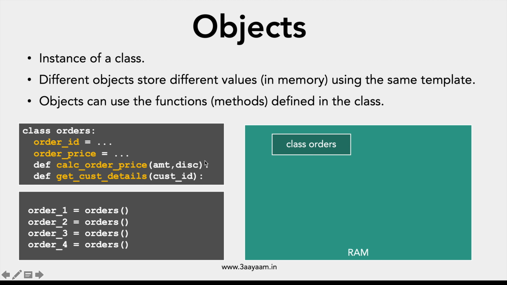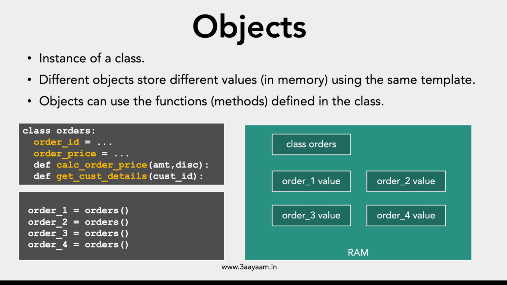All these order 1, order 2, order 3, order 4 would be created in memory with their own values, but all of them will use the same template defined using the class orders. Meaning order ID would be there for all the orders, order price would also be there for all the orders. All the orders can use the calculate order price method, and all the orders can use the get customer details method or function.